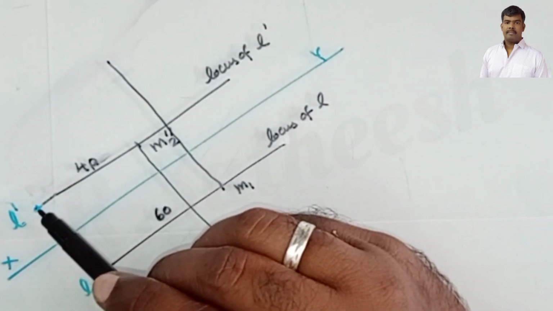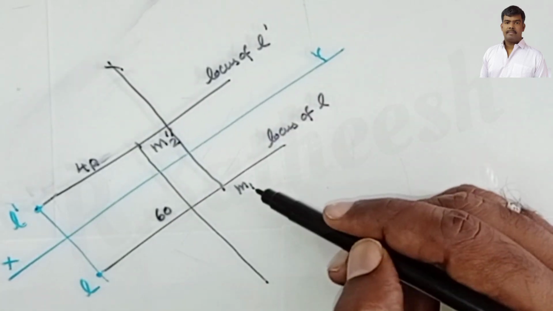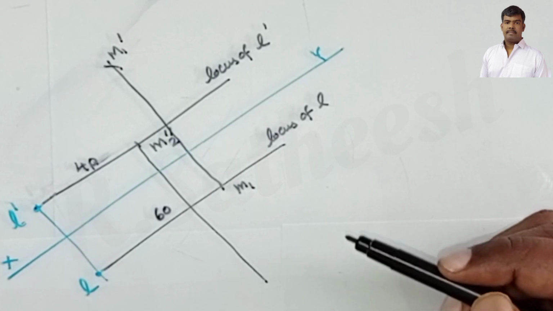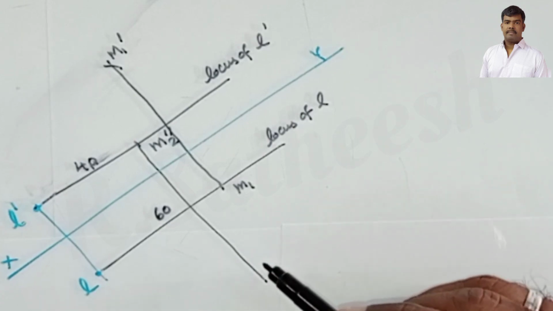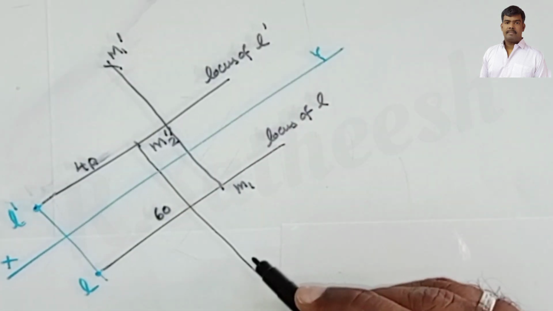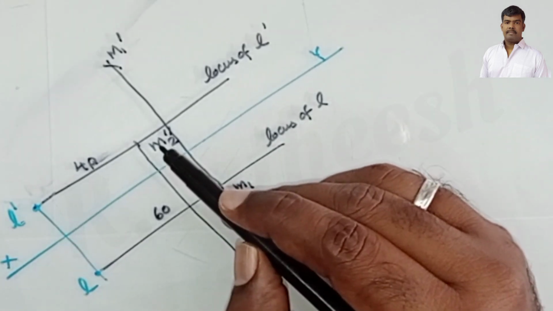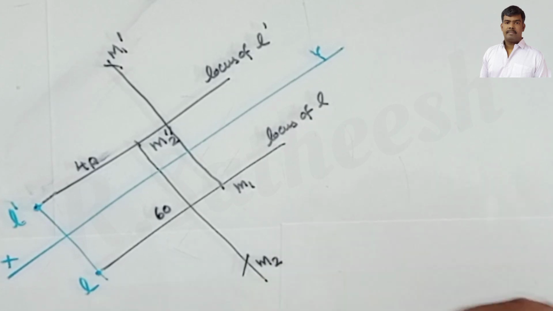Take 70 mm as the radius, L dash as the center, and intersect an arc on that vertical line. This is M1 dash. Now from L, with the same 70 mm distance, you intersect an arc on the line from M2 dash. That intersection point is considered M2.